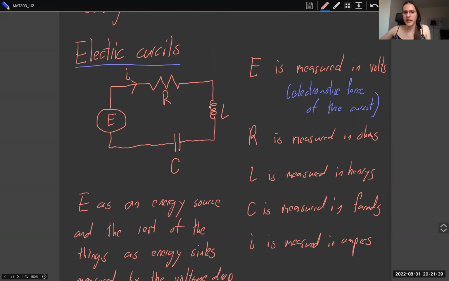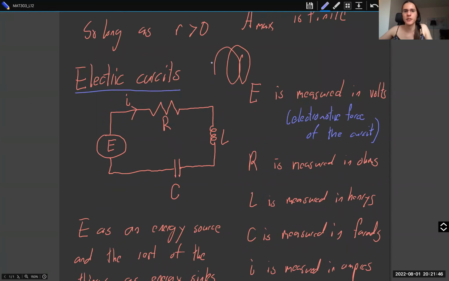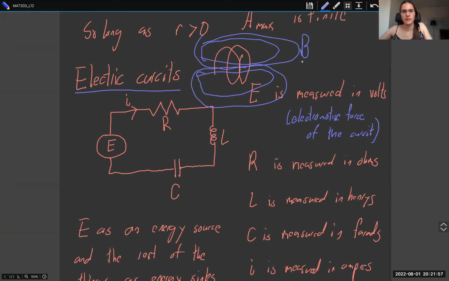Now, what an inductor is: if you have electricity traveling in a loop, then it's going to create a magnetic field transverse to the loop. And magnetic fields store energy. So I would call this B, the magnetic field, and B stores energy. So if the current changes, then the amount of energy stored in the magnetic field changes as well.